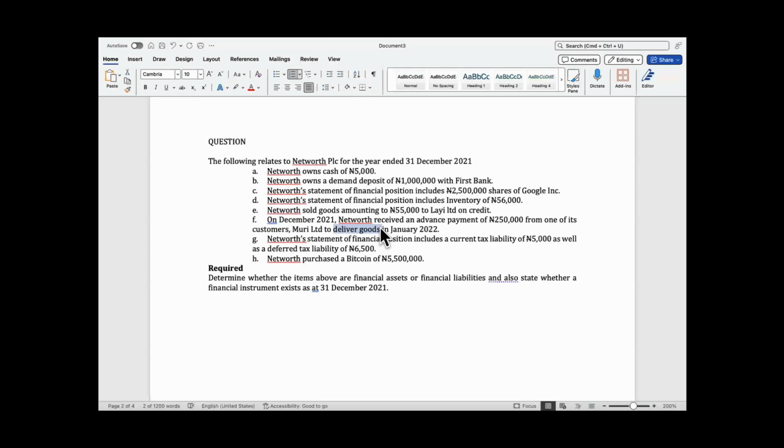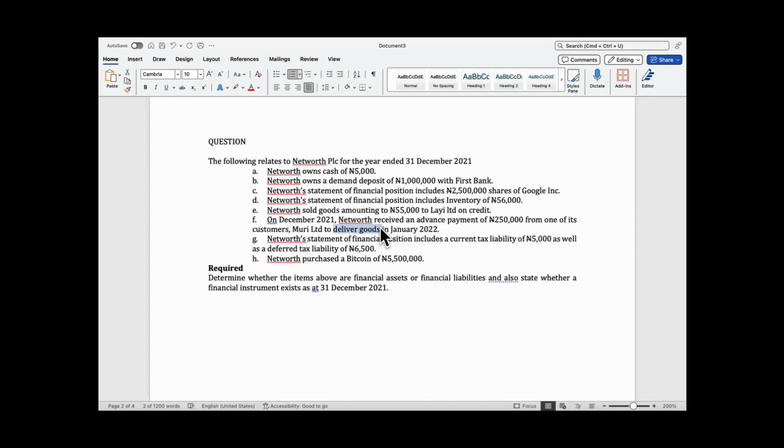When you collect money, according to IFRS 15, you cannot recognize that money as sales. You have collected money, but you have not done the work. It's just like us now at Equity Professionals.